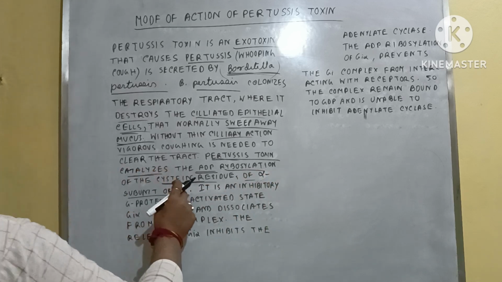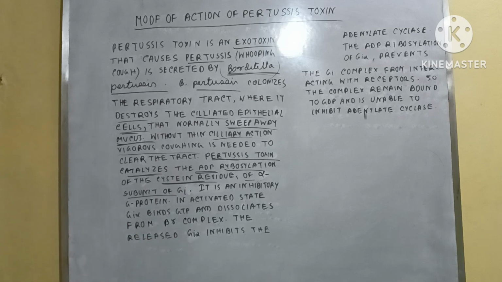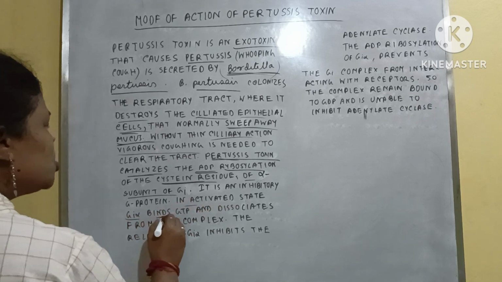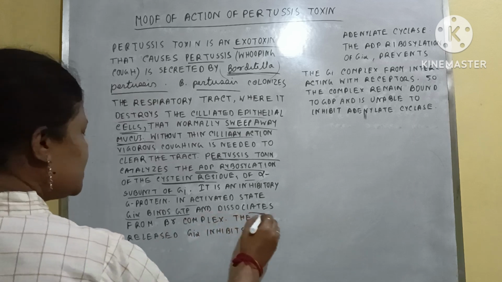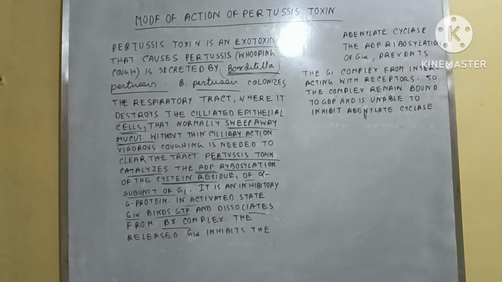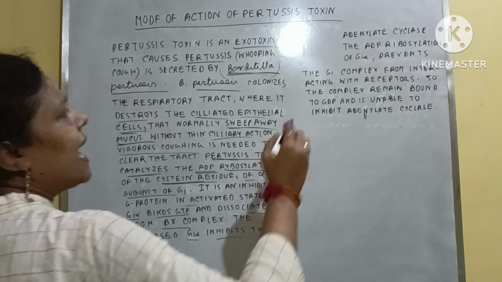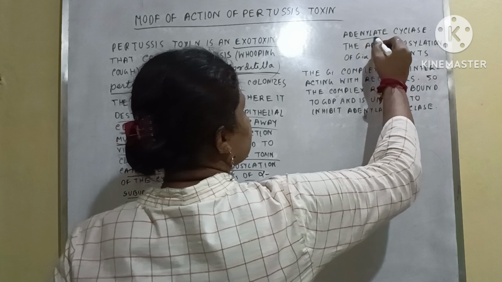Generally, Gi protein is an inhibitory protein. Why is it called the inhibitory protein? Because in the activated state, Gi alpha binds to GTP and dissociates from the beta gamma complex, and the released Gi alpha inhibits the adenylate cyclase.